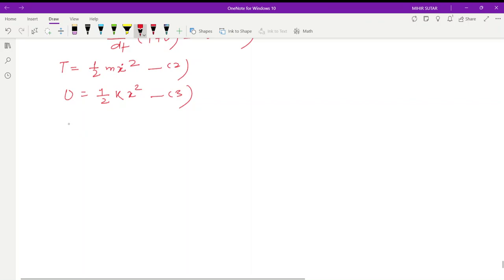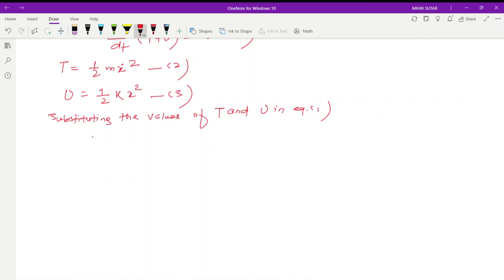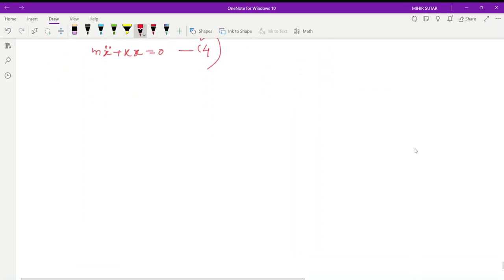Now substituting the values of T and U in equation 1, m x double dot plus k x is equal to 0. Equation 4.